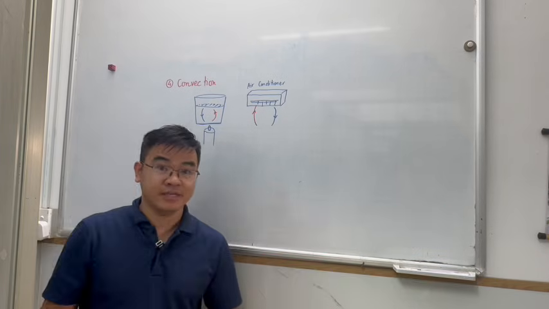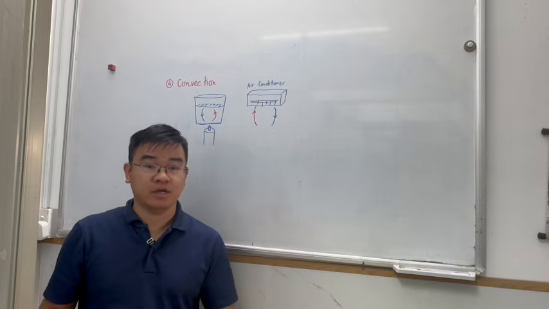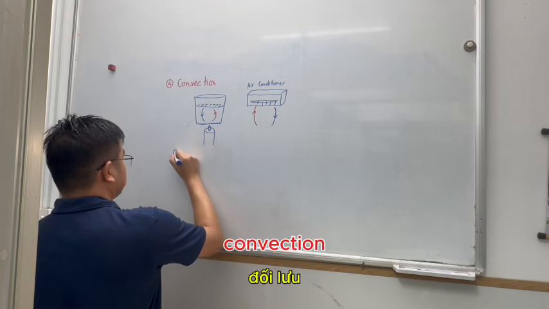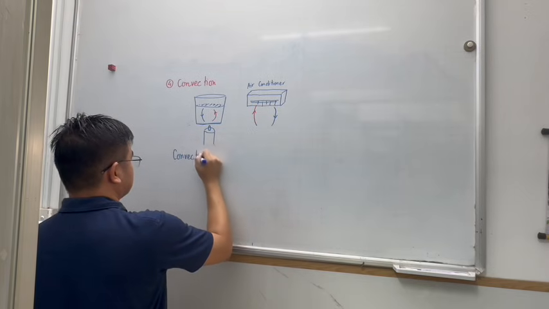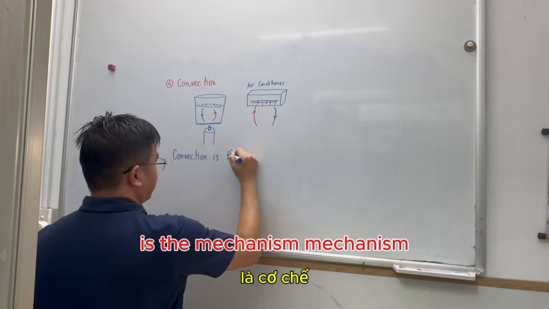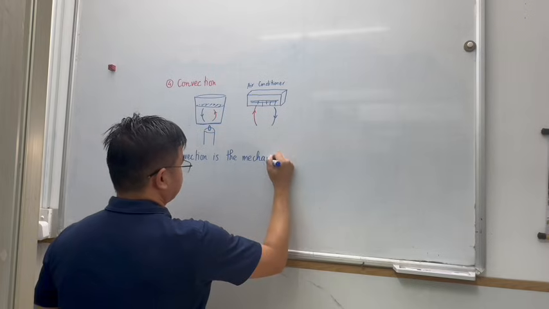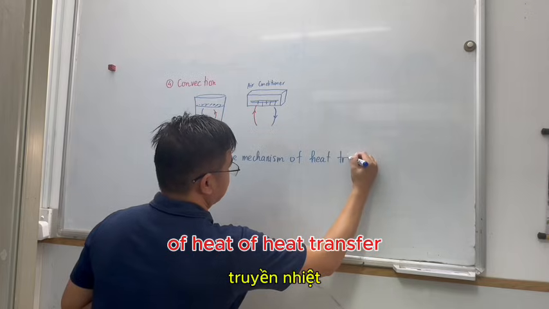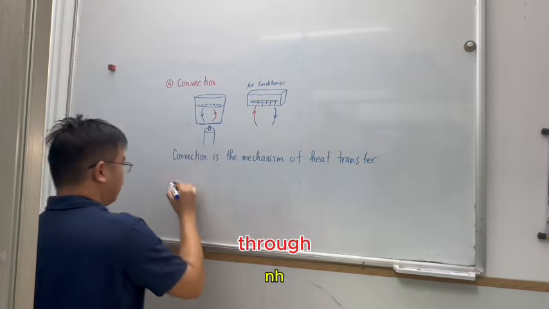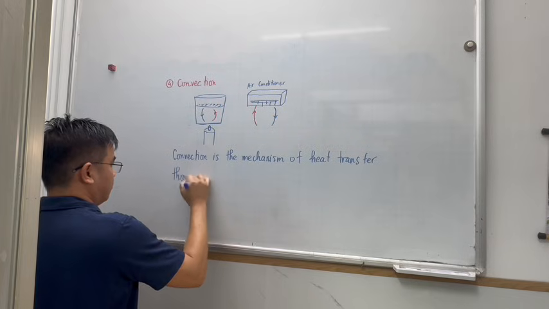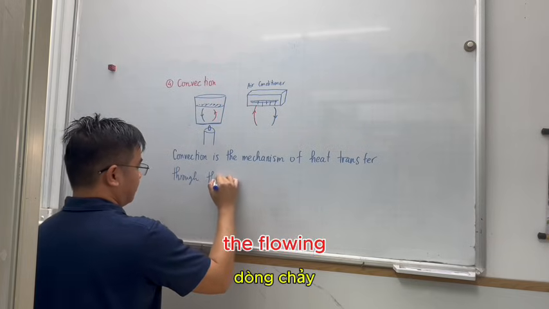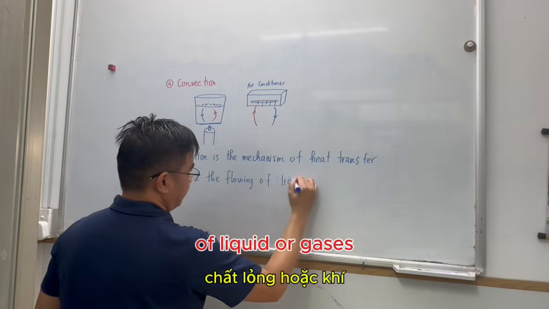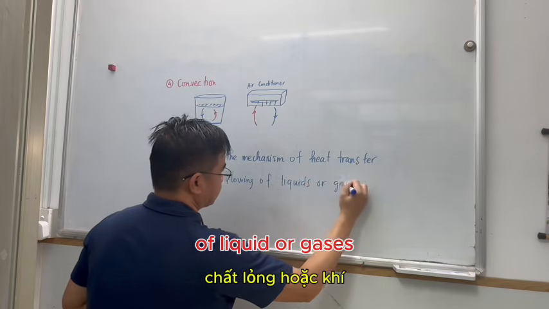Okay, here is our complete definition of convection. Convection is the mechanism of heat transfer through the flowing of liquids or gases.